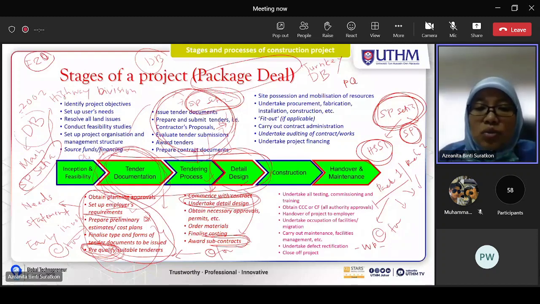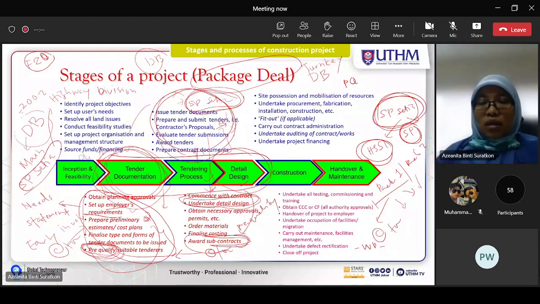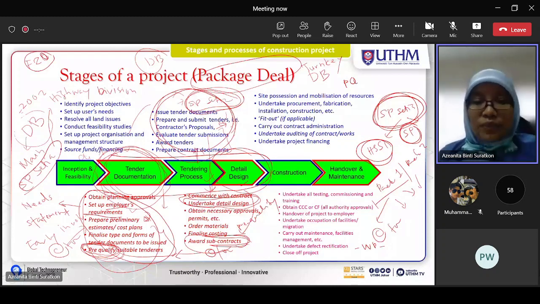So he will do the detailed design, and before he awards the subcontract, under SP Setia they can also do pre-qualification to find subcontractors who can do work for him. So this pre-qualification is for the client to select the design and build main contractor.